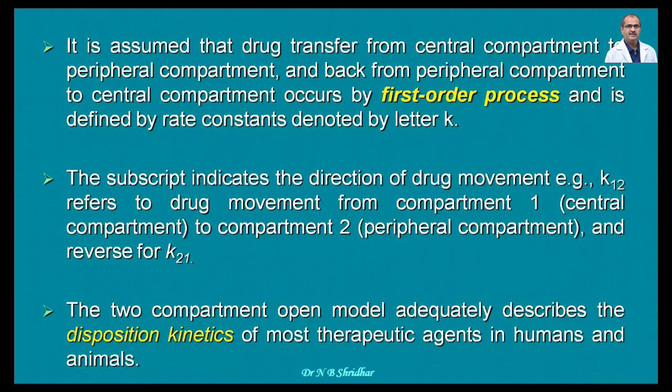So it is assumed that the drug transfer from the central compartment to the peripheral compartment, and back from the peripheral compartment to the central compartment, occurs by a first order process and is defined by rate constants denoted by the letter K. In first order kinetics, as the concentration of the drug goes on increasing in the organs, especially the peripheral and central compartments, the elimination also increases.